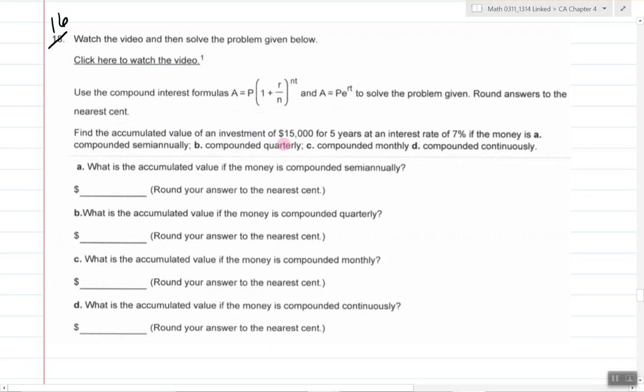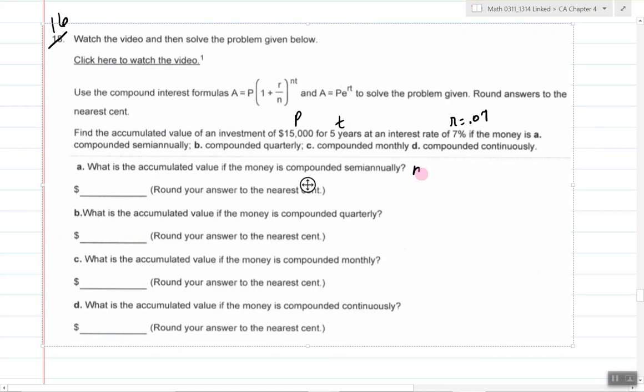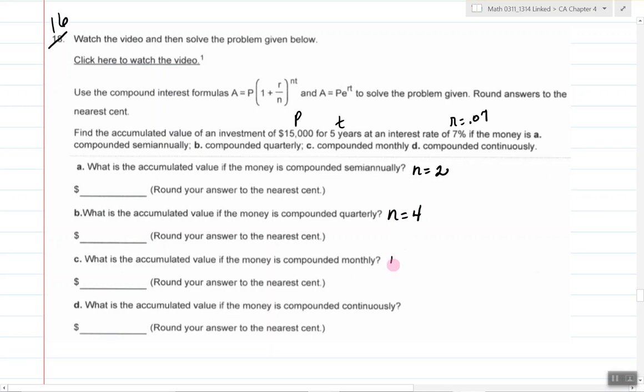That's A. Find that if the investment is $15,000, so that's P, for 5 years, that's T, at an interest rate of 7%, never changes, so R is 0.07. The money is, part A, compounded semi-annually, that means N is 2. Quarterly, N is 4. Monthly, N is 12. Continuously, we use the Pert formula instead.